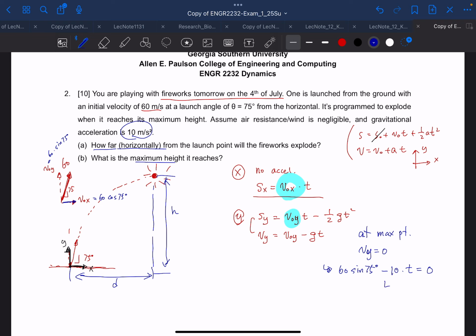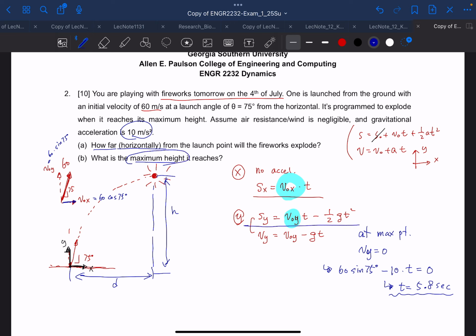From here we should be able to find t, and if my math was correct, we get something like 5.8 seconds.